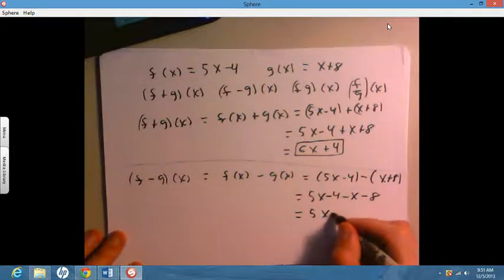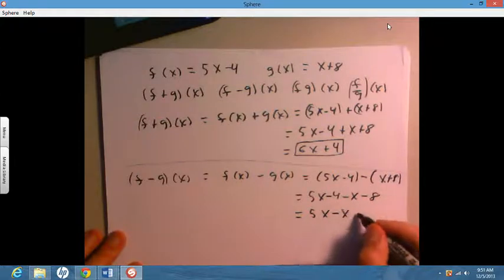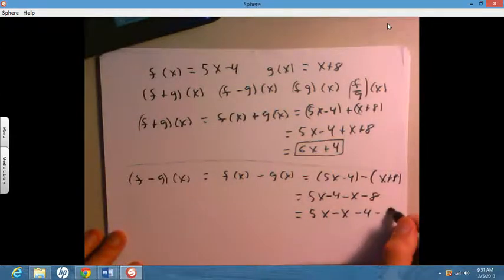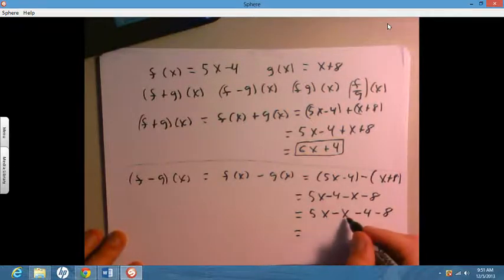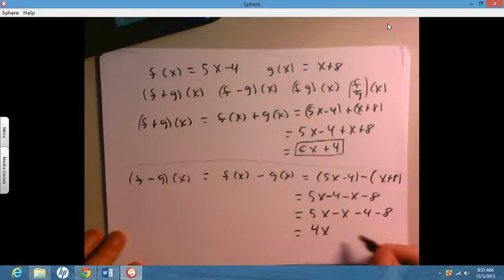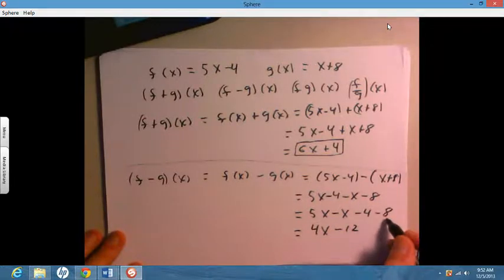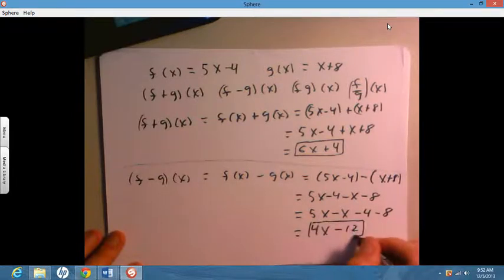We have 5x minus x minus 4 minus 8. If 5x is going to subtract 1x, I have 4x left. And I have a negative 4, and I decrease by another 8. Since the signs are the same, I just add the magnitudes and keep the sign, which is going to be minus 12. 4 plus 8 is 12, but they're both minus, so it's a minus 12. And I wind up with 4x minus 12 as my answer.